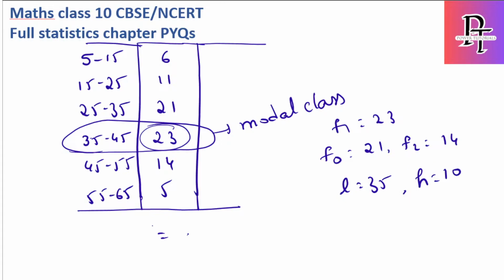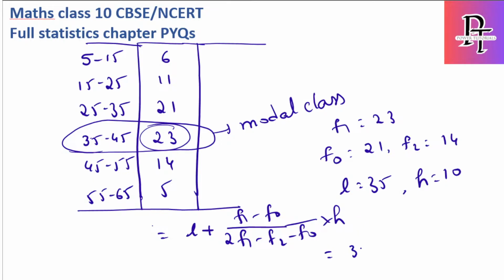What is the formula for mode? It is L plus f1 minus f0 by 2f1 minus f2 minus f0 into h. So let's write all the values. It is 35 plus f1 minus f0, which will be 2, by 2f1, 2f1 is 46, minus 21 minus 14 into h. Okay, write in the next slide.